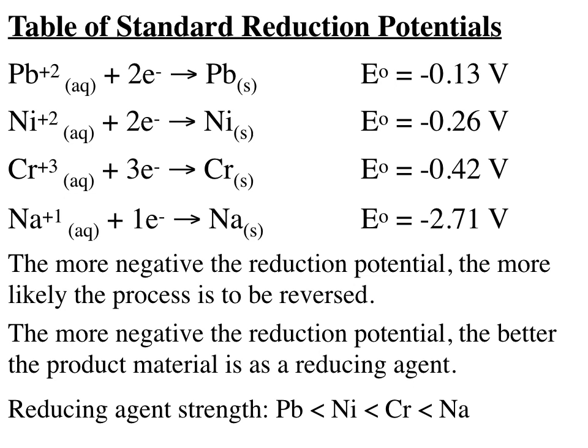So based on these numbers, given the fact that Pb has the smallest negative reduction potential and sodium has the largest negative reduction potential, then Pb will have the lowest activity among these metals, and sodium will have the greatest activity among these metals.